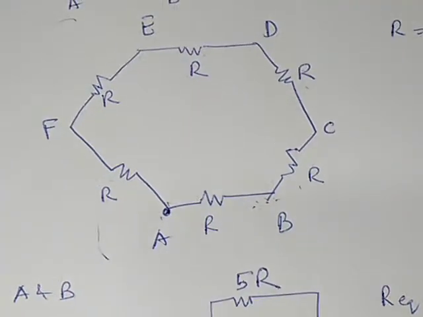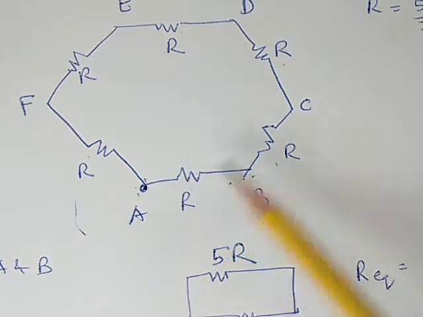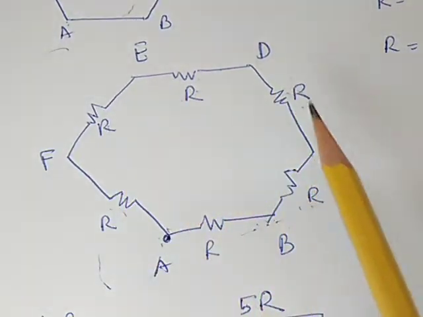When you need to find the resistance across A and C, we have this series resistor R, R that becomes 2R, and then the rest becomes 4R.